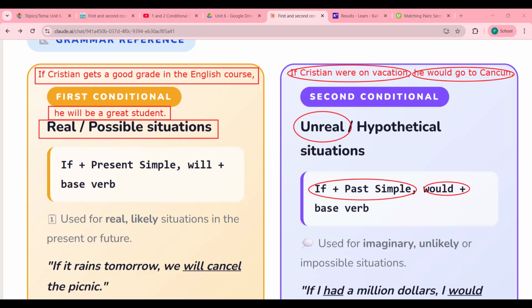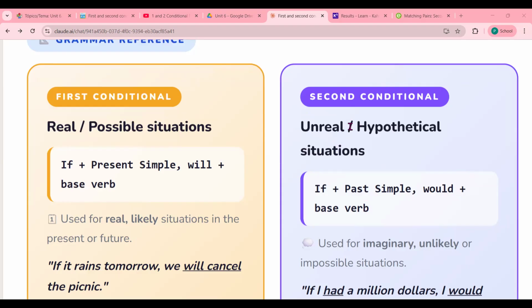So far so good. Now, my dear students, on unreal situations. Second conditional.